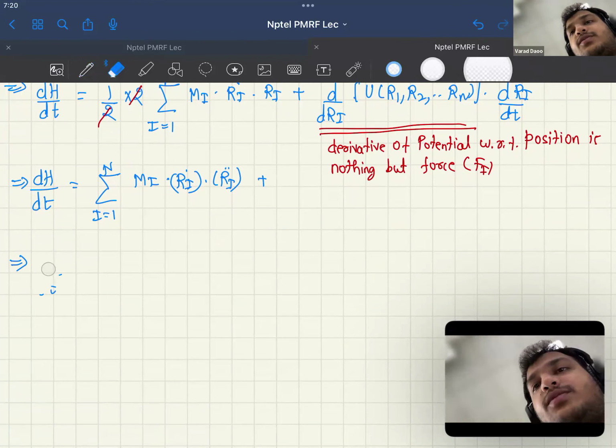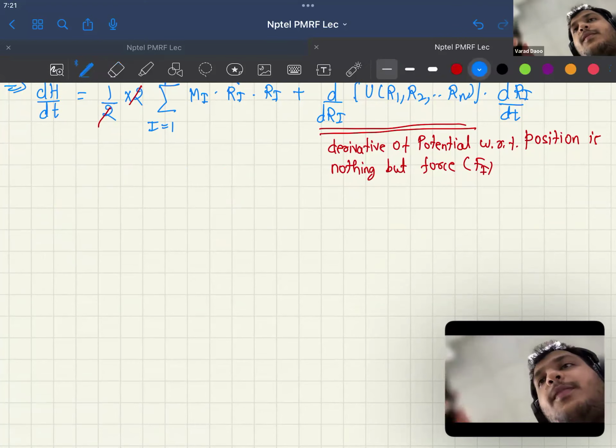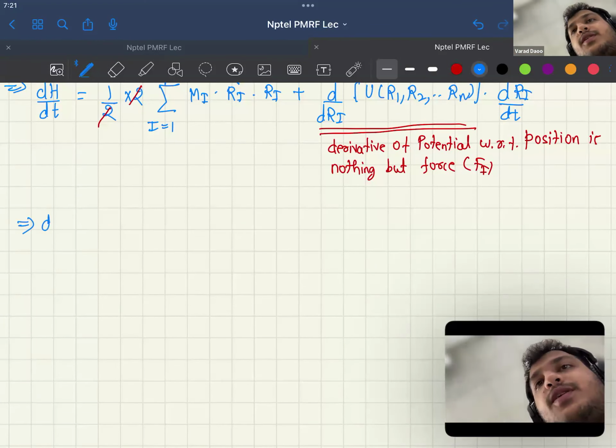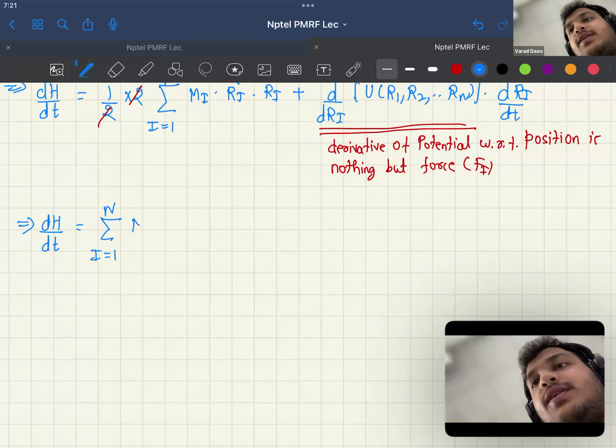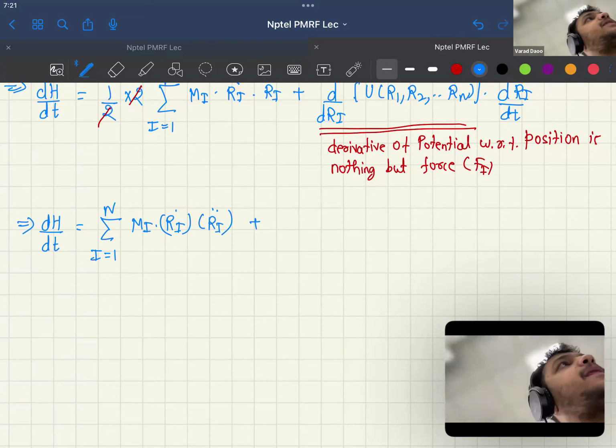So let us write this down: dH by dt is equal to summation i equals 1 to n of mi into ri dot into ri double dot plus, and this is going to be the negative of force.